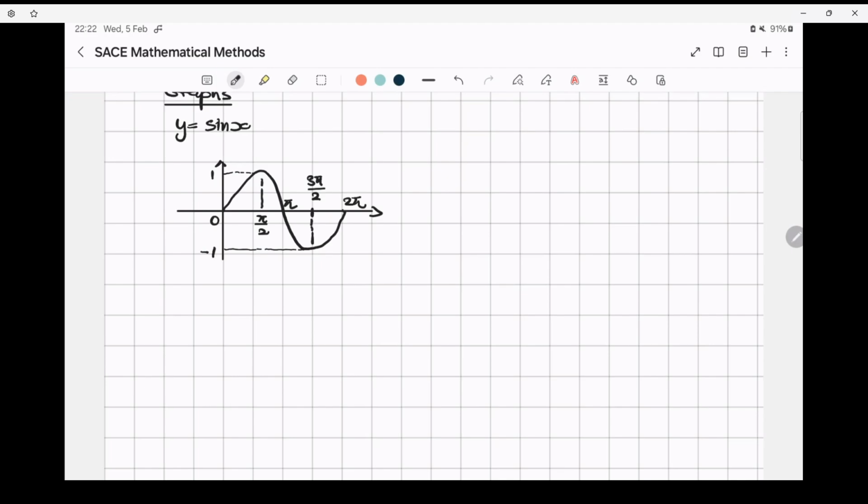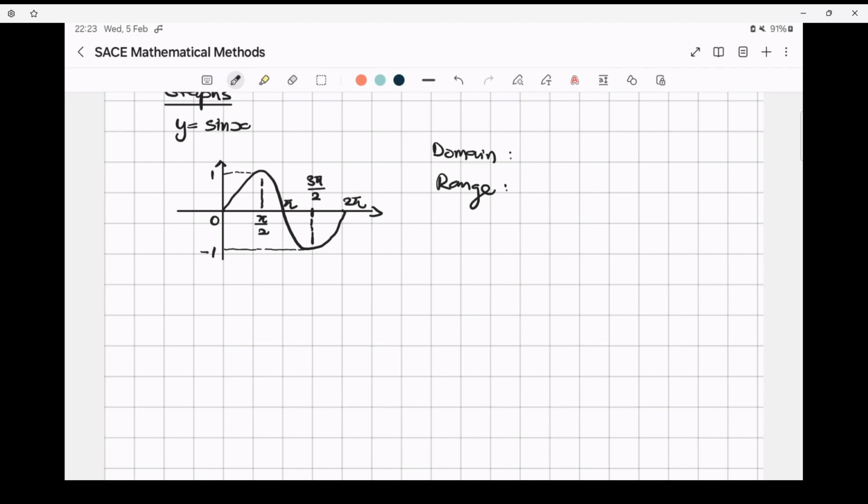So you can list down the domain of sine x and the range of sine x. So when we list down the domain and the range of sine, cos and tangent, for example, we want to make sure that that particular domain also contains the inverse.